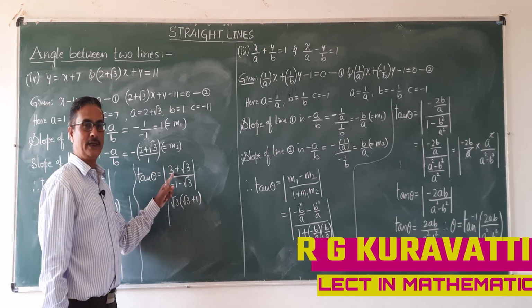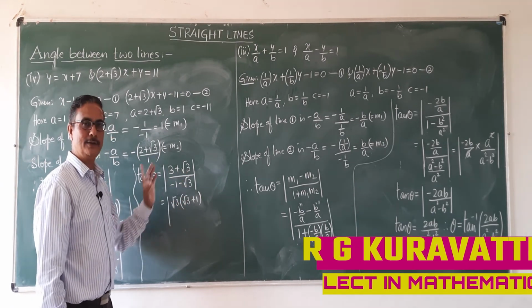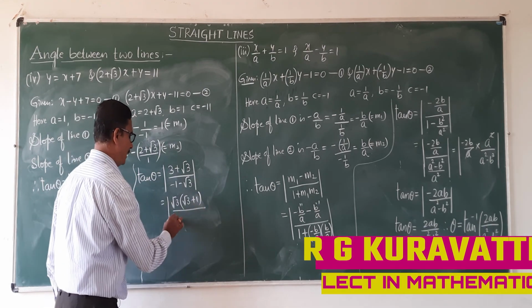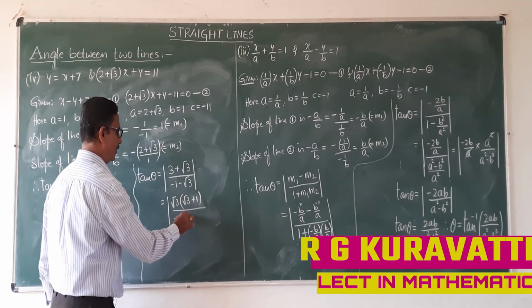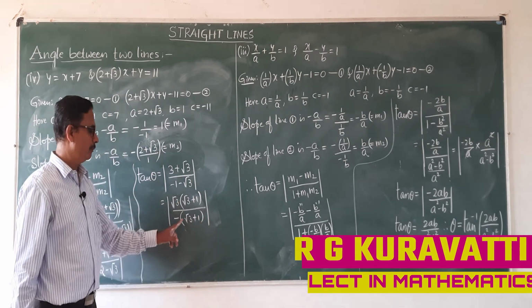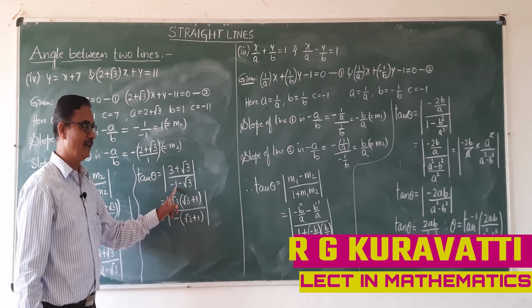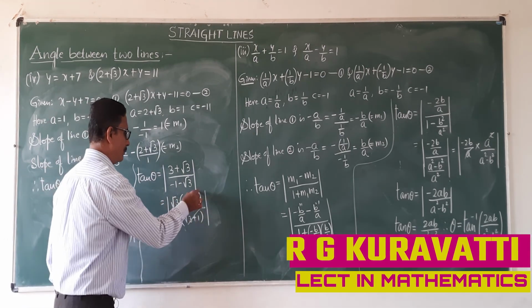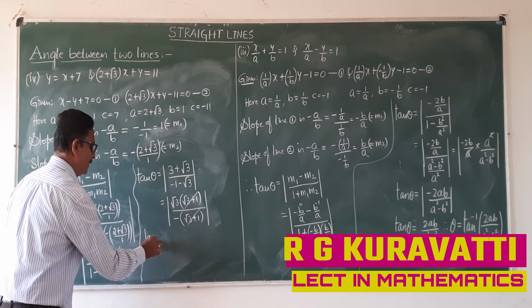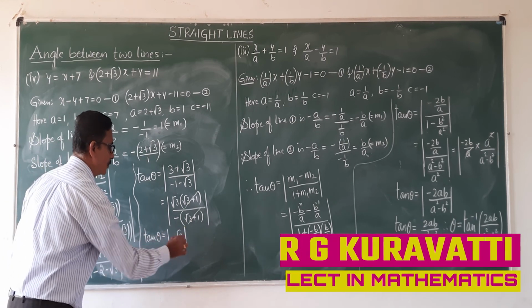Root 3 into root 3 is 3, correct? Plus root 3 into 1 is root 3, divided by, in the denominator take minus sign common, take minus common, root 3 plus 1. Verify. Minus root 3 is there? Yes. Minus into plus, minus 1 is there? Yes. So root 3 plus 1, root 3 plus 1 cancel. Tan theta is equal to modulus of minus root 3.